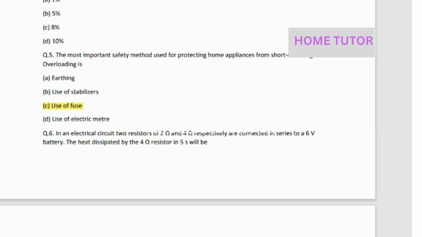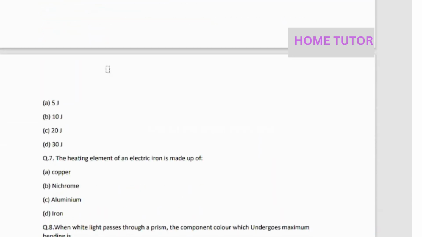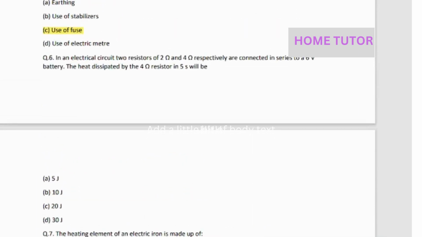Next question, question number 6. In an electrical circuit, two resistors of 2 ohm and 4 ohm respectively are connected in series to a 6-volt battery. The heat dissipated by the 4 ohm resistor in 5 seconds will be.